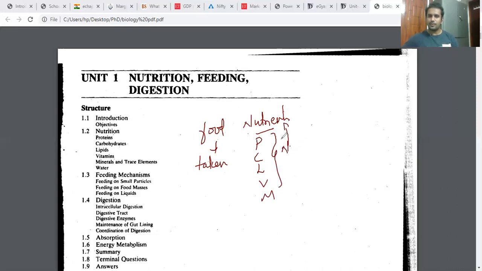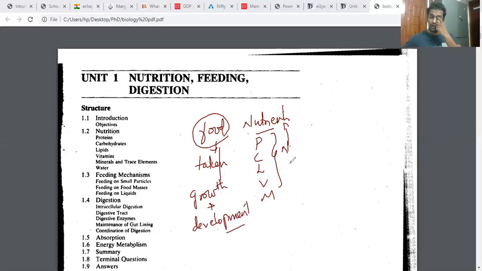Okay. Then if you are having all of these in your food, then the growth and development of body will be at optimum levels. Growth and development of the body will be at optimum levels, right? Are you getting me? Obviously, yes.